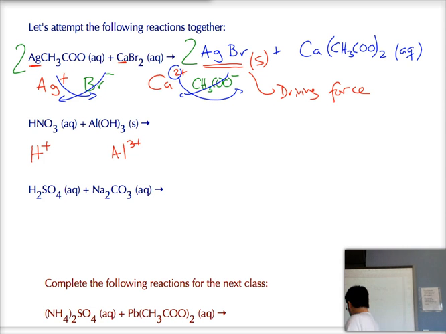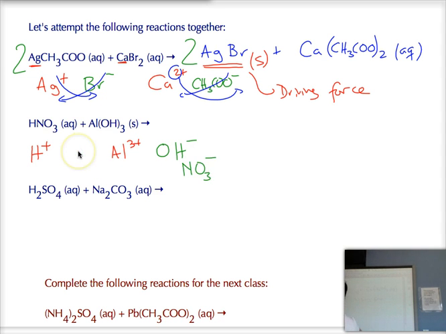Now, the counter ions, the negative ions, the anions, are going to be the nitrate ion, again, that is coming from the breaking up of nitric acid, and we're going to have 3 hydroxide ions that are floating around. Again, those will be able to exchange once the reaction takes place.